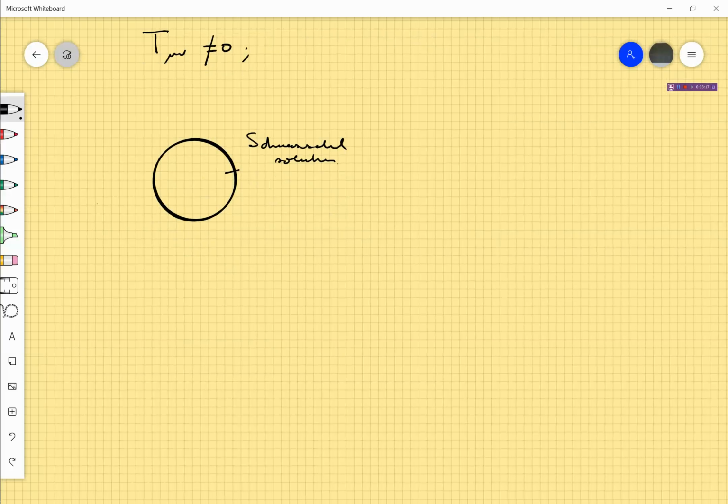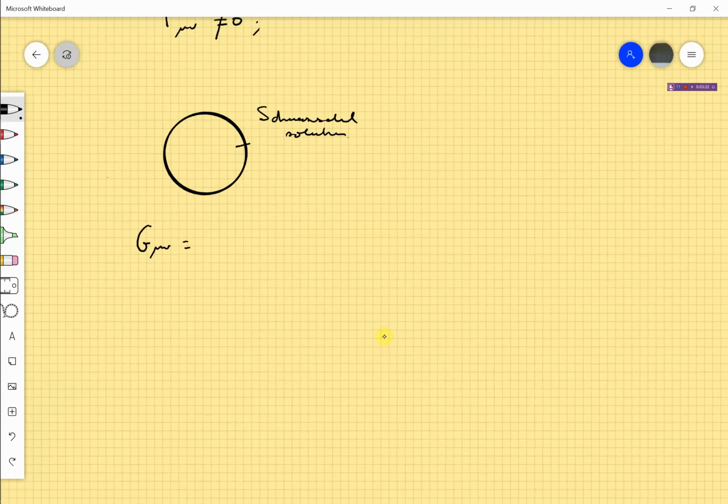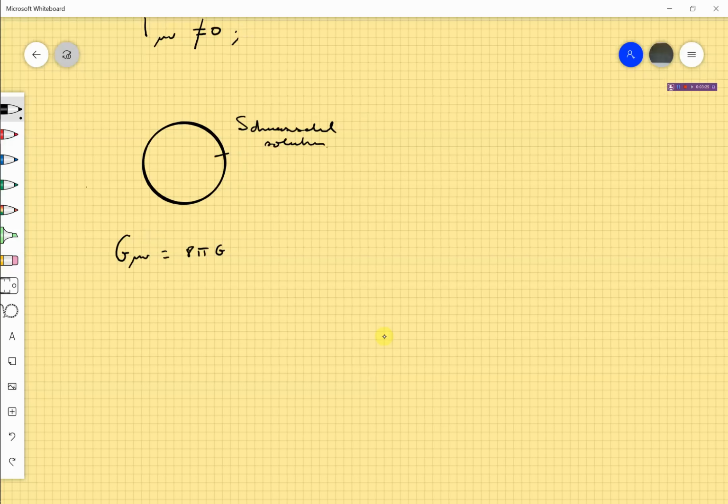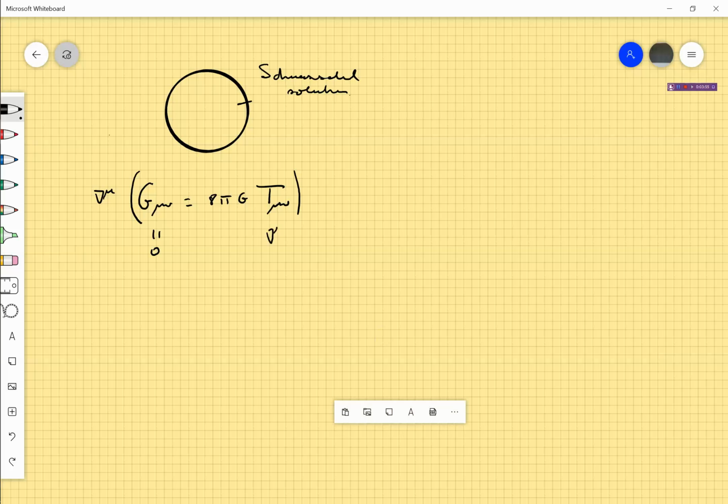We have to solve the Einstein equations, remember they have this form, and this is what we have to solve to determine the gravitational field. But for a perfect fluid, there are no more equations of motion. We know that the consistency condition of this equation is that the divergence, well, this is 0 on this side automatically by virtue of the contracted Bianchi identity, and this has to be 0.